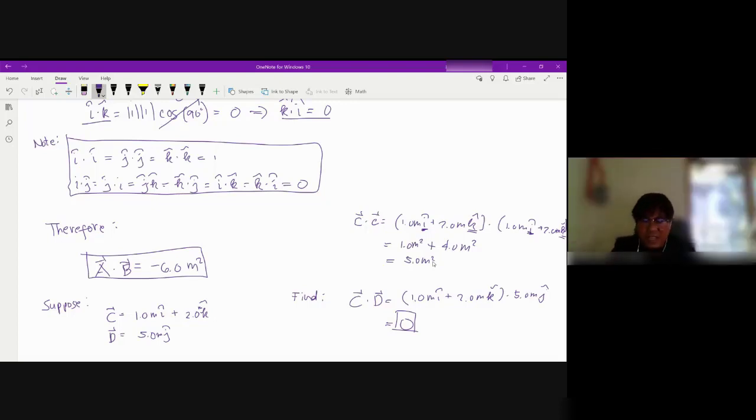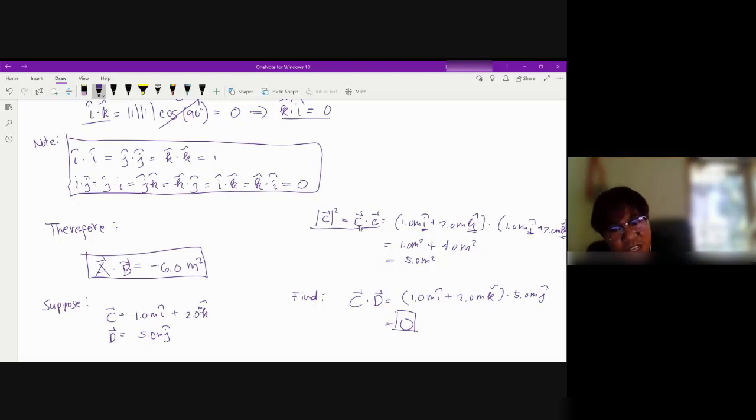Got it. So now, class, remember this notation: C dot C can also be written as the magnitude of C squared. Okay? Remember this.